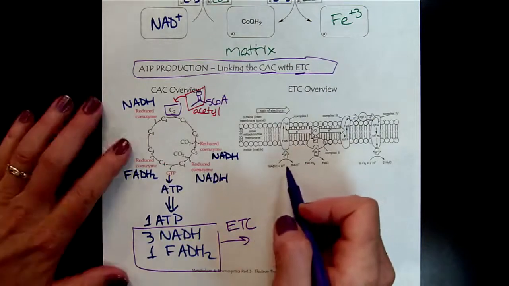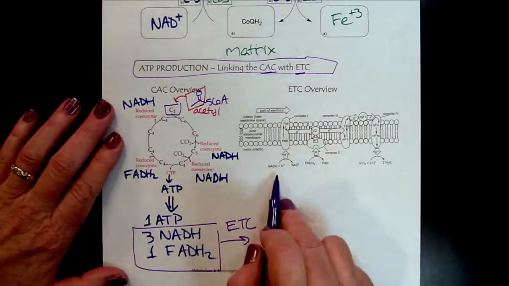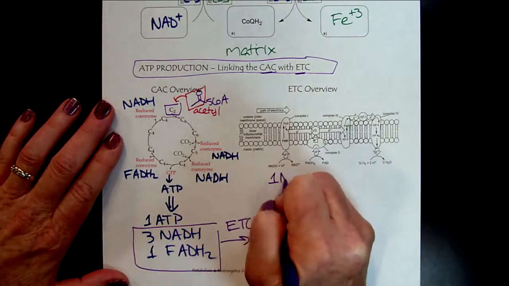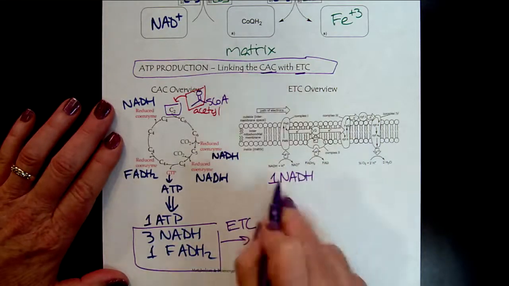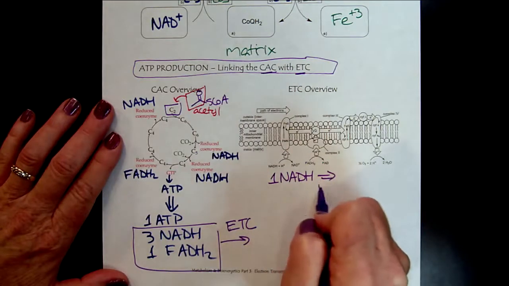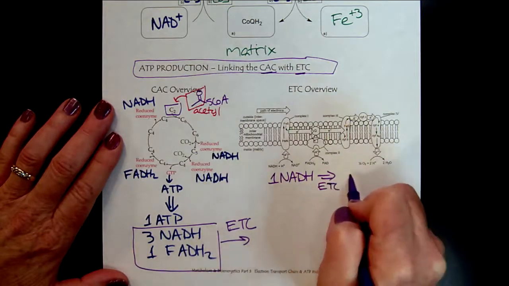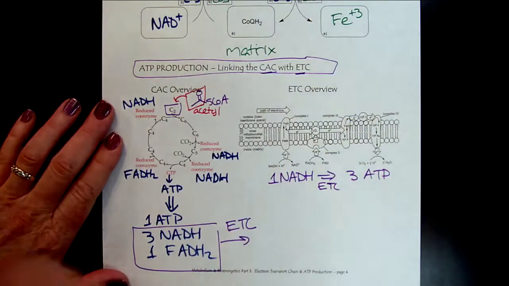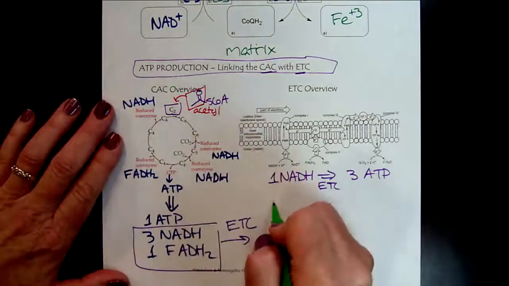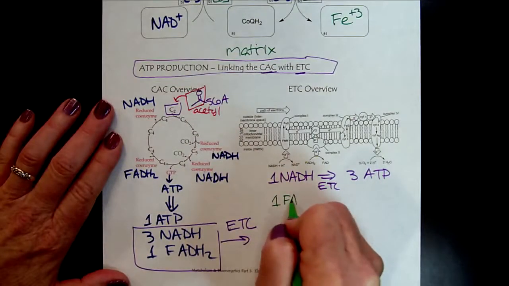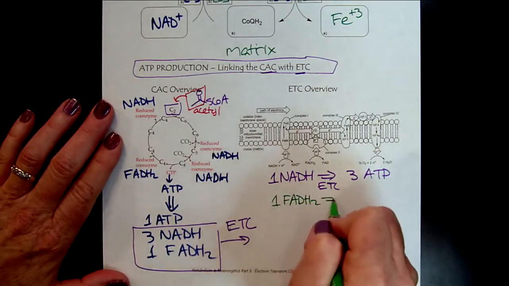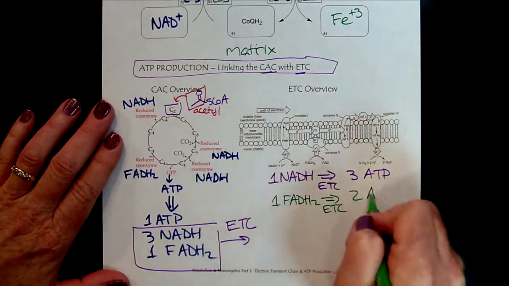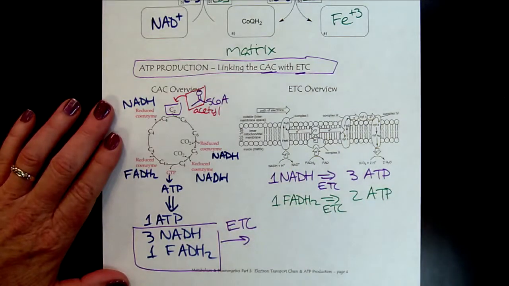And what we need to know before we can finish solving this is that when 1 NADH enters the electron transport chain, ultimately 3 ATP can be produced. And when 1 FADH2 enters the electron transport chain, only 2 ATP are produced, right?